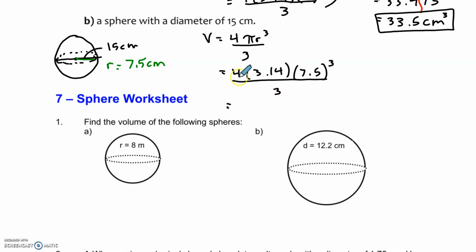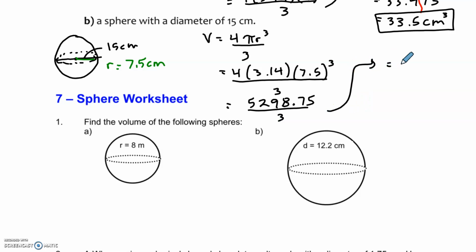This time, I'm going to do 4 times 3.14 times 7.5 to the exponent 3, all at the same time. So 4 times 3.14 times 7.5 to the exponent 3. And I get 5,298.75. And then that is divided by 3.